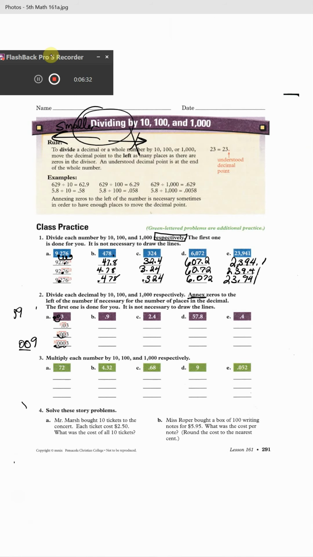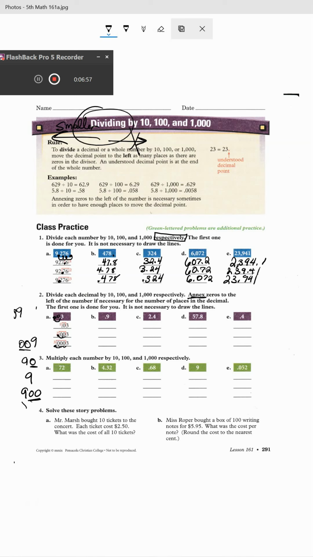You put zeros over here, it doesn't change anything. But if I put zeros over here, this is 9. That's 90. Totally different. These are different numbers. So the zeros on this side in the whole numbers, they matter. Whereas in the decimals, they don't matter. It's kind of crazy. It's the opposite. So don't forget that. All right.